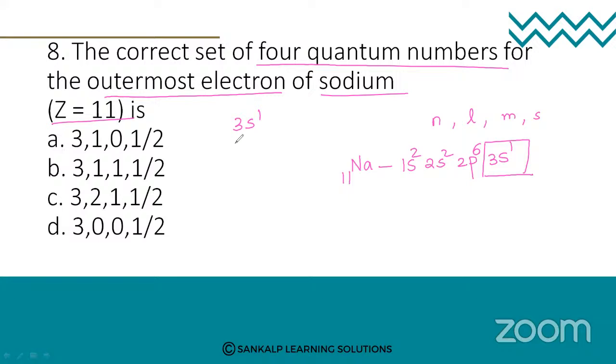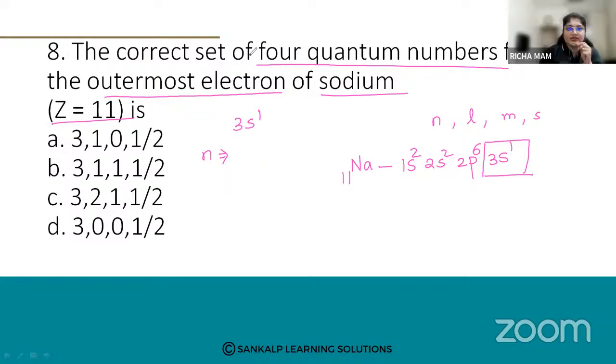What is n? n is our principal quantum number; it represents the main shell. Here the main shell is 3, so n is equal to 3. Then L represents the shape of the orbital.